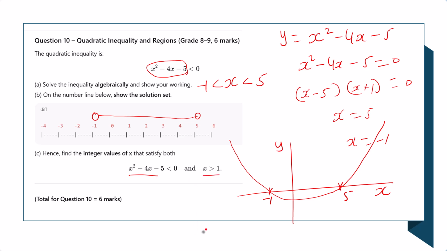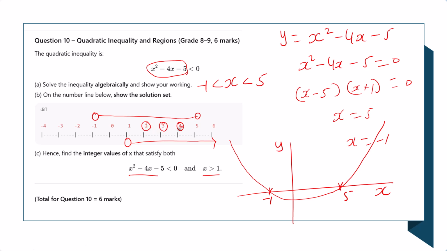All right. Now, listen. We are looking for the x values that satisfy this, and we say that they are bigger than negative 1 and less than 5. This other one says that x is bigger than 1. If x is bigger than 1, then we are going in this direction, so we can go forever. So the integers that fit both will be 2, 3, and 4.